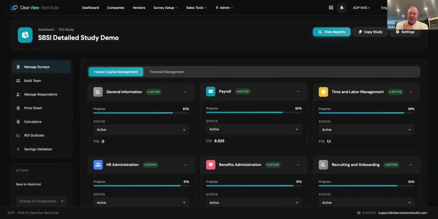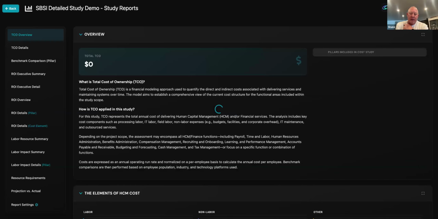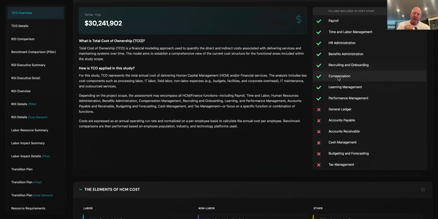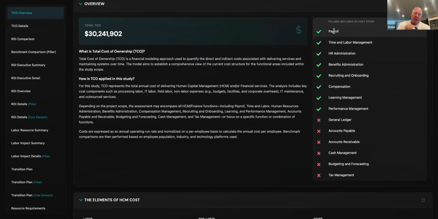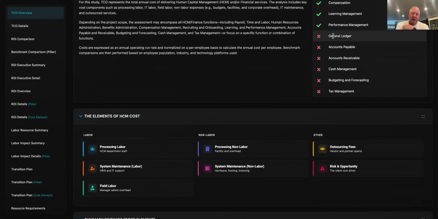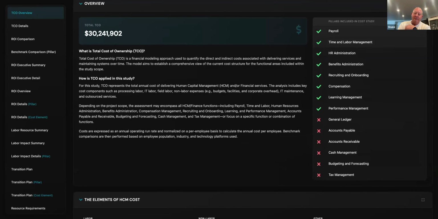But just so everyone is aware, when we come into an organization and do our studies, we can do more in addition to payroll. As you see here in my model, we can do payroll, time, HR, benefits, recruiting, comp, learning, performance, and even finance pieces if we want to switch on general ledger, accounts payable, accounts receivable, cash management, tax, and billing, budgeting, and forecasting.